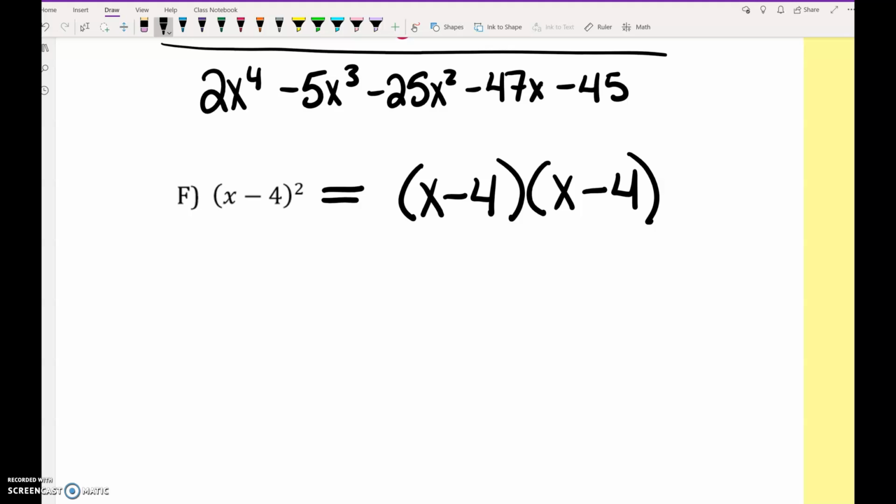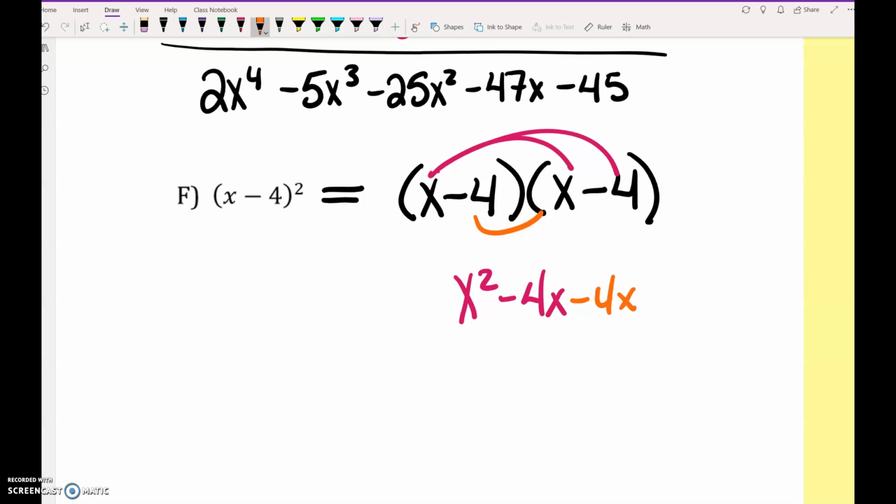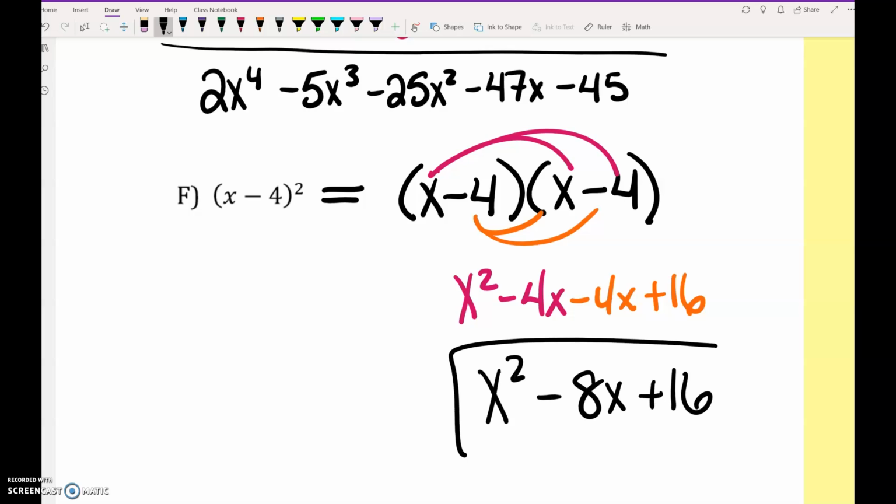Then if you like the word FOIL, you could go ahead and do that or do what we've been doing. X times x is x squared, negative 4x, negative 4x, positive 16. So the answer is x squared minus 8x plus 16.